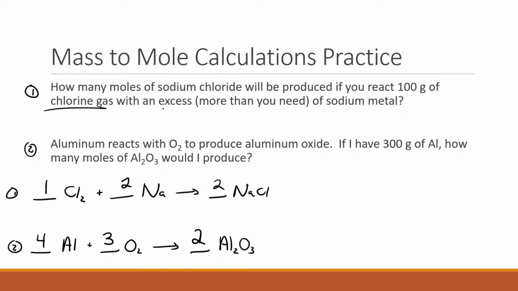The first one gives us 100 grams of chlorine gas. Chlorine is the only element that doesn't go to the nearest whole number. It goes to 35.5. So 1 mole of chlorine is going to be 71 grams. 100 grams of chlorine is going to be converted into 1.4 moles.